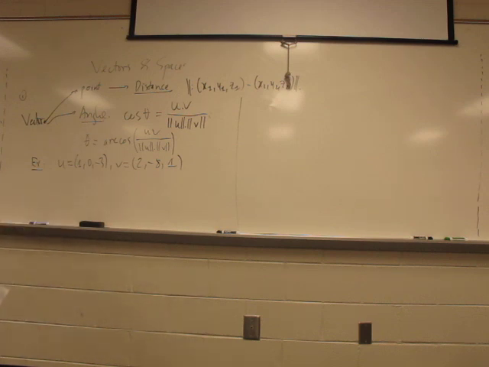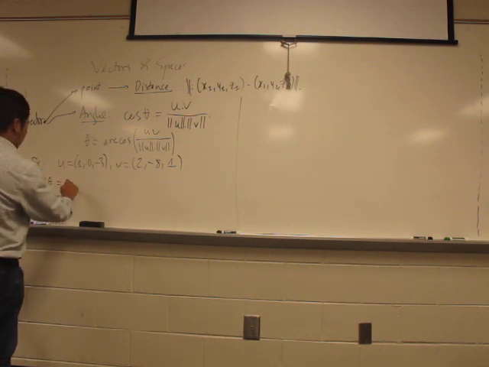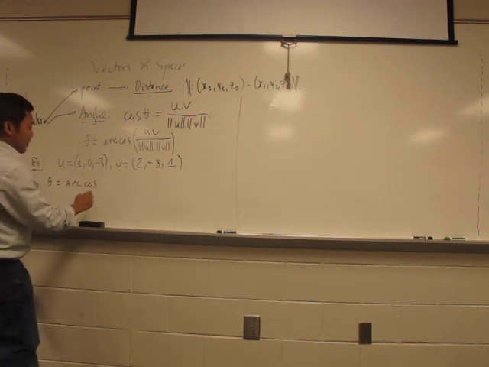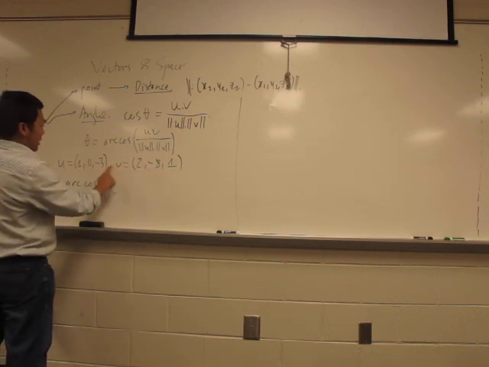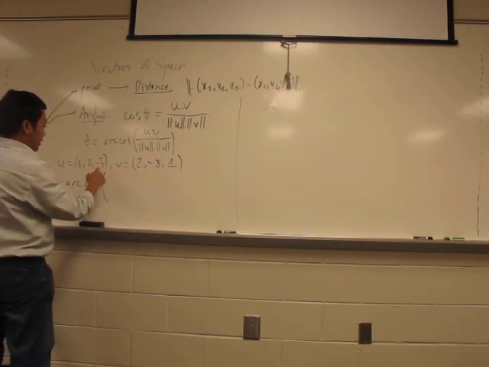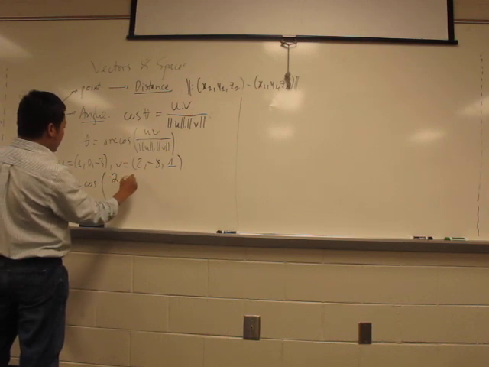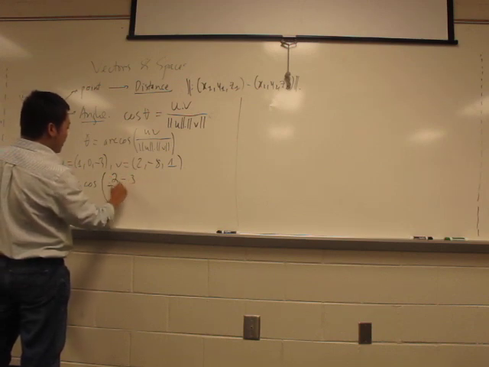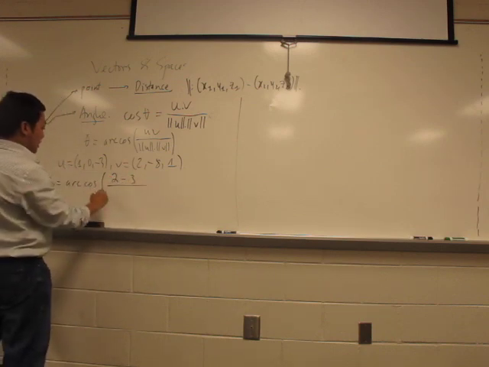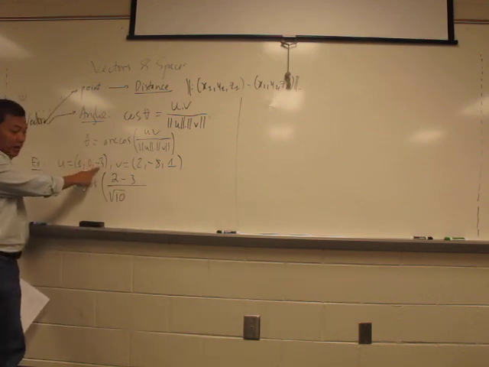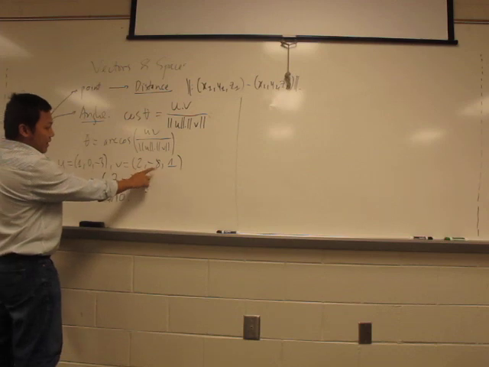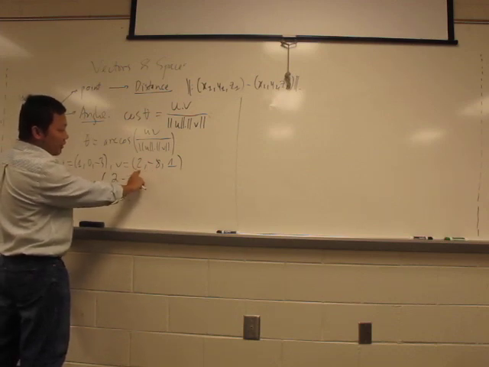Apply this formula. I have theta equal to arccosine of the dot product of u and v, 1 times 2, 0 times 9, and 3 times 1. So I get 2 plus 3, right? Over the norm of this one, which is the square root of 10 because 1 squared plus 3 squared is 10.